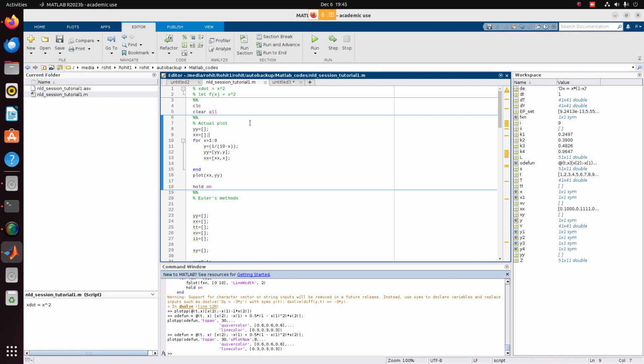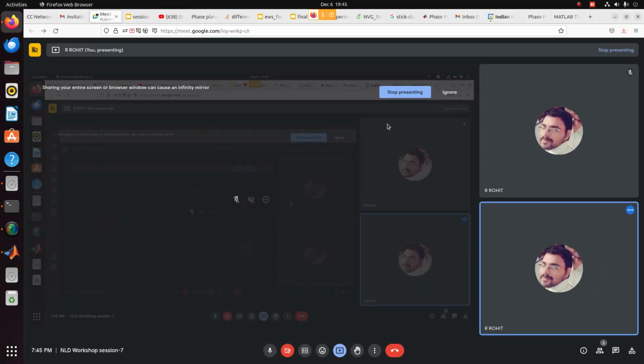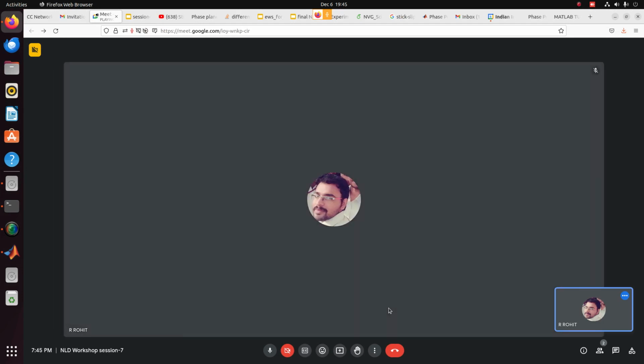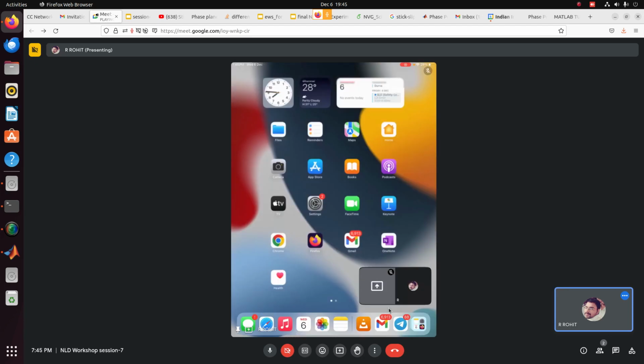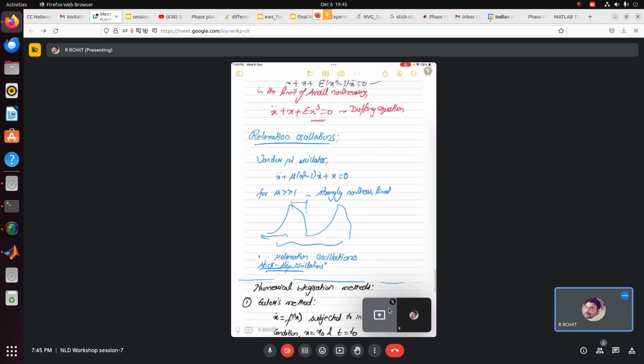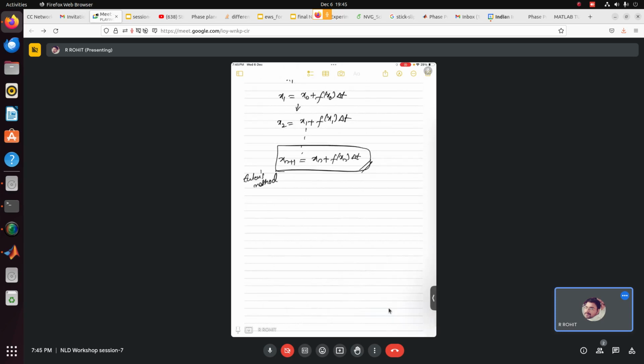The equation which we take here is x dot is equal to x square. I will just write it down so that it will be helpful. Here we consider x dot is equal to x square.